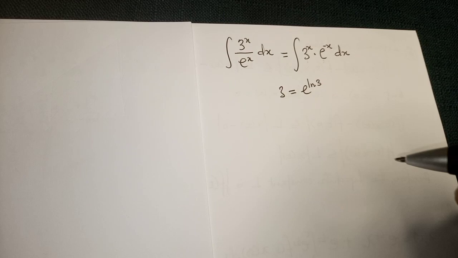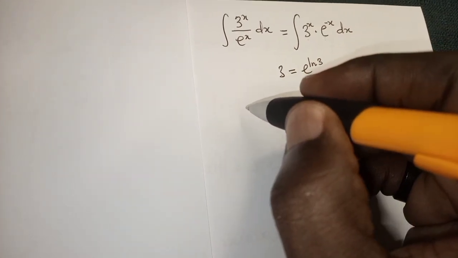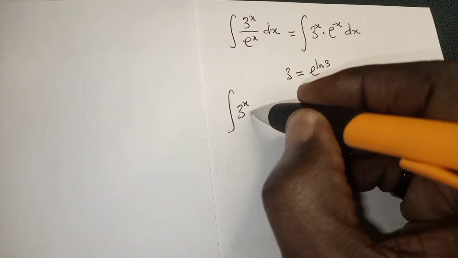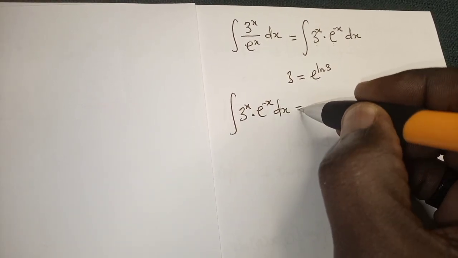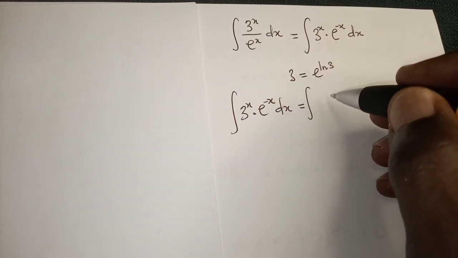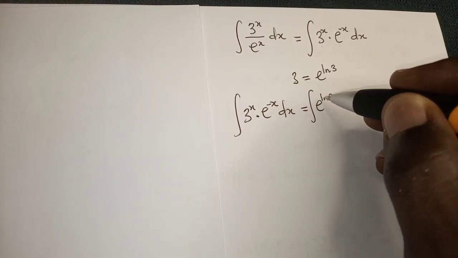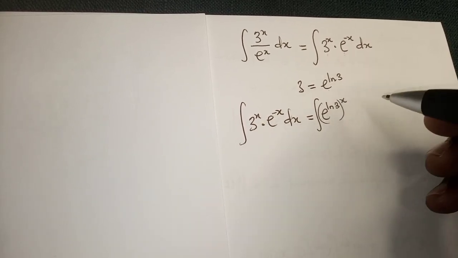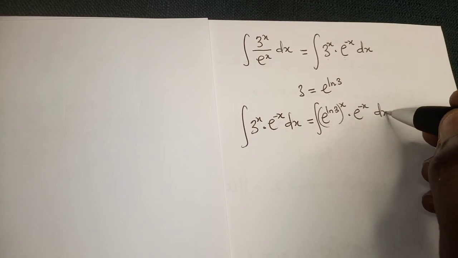Okay, so we put this in place of the 3 here. So we have the integral of 3 exponent x times e exponent negative x dx equals the integral of e exponent ln 3, all exponent x, times e exponent negative x dx.